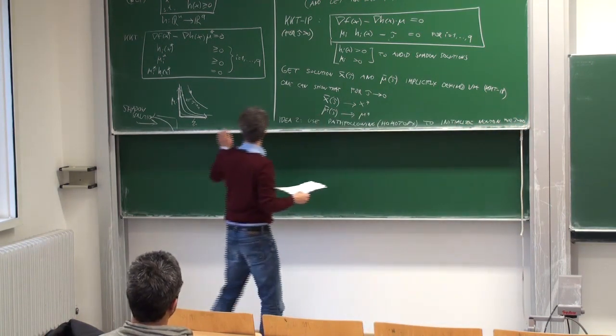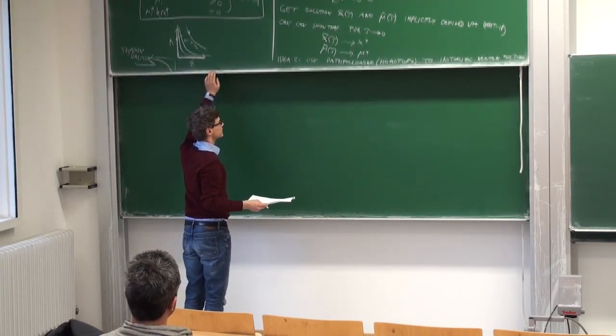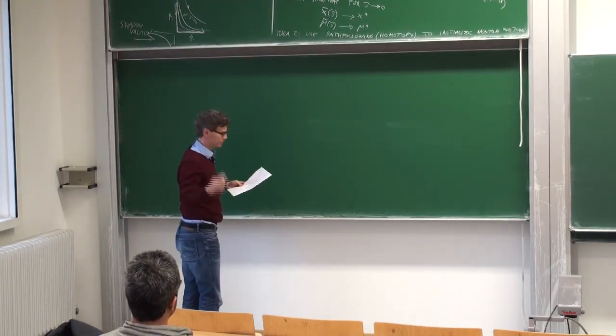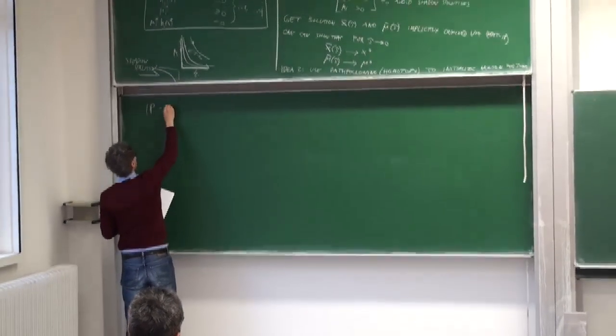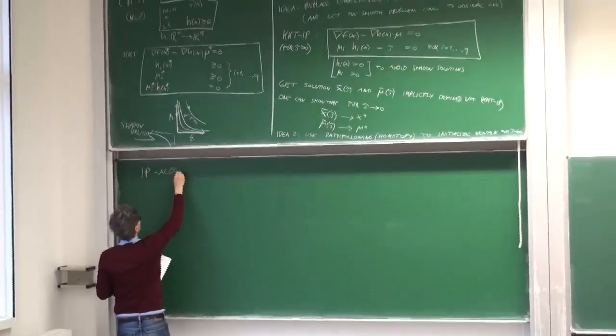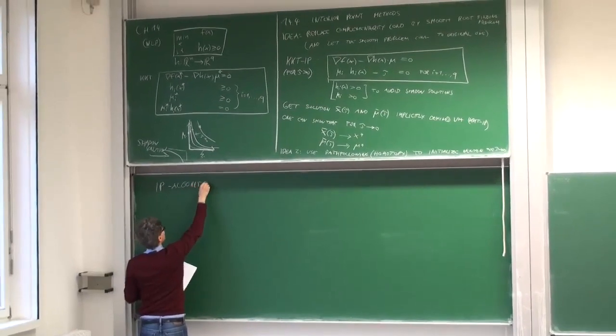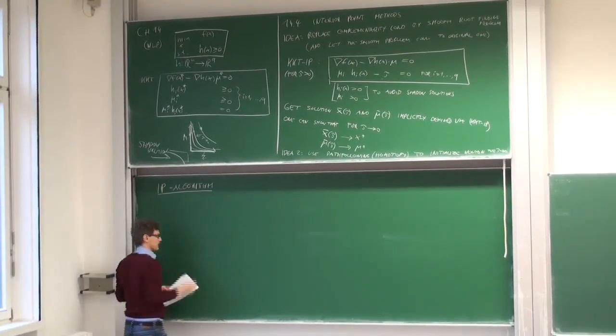So how will the algorithm look like? Let me just state it as a very rough sketch. The IP, the interior point algorithm, what will it do? It will rely on a lot of things that we have already done before.